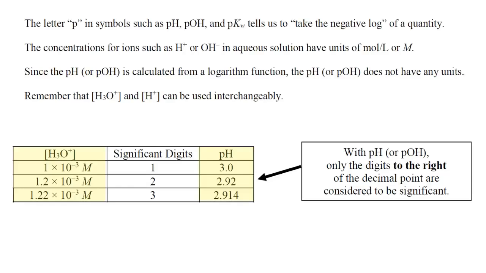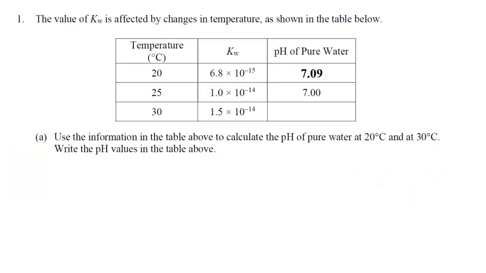So that means that even though it looks like 7.09 has 3 digits, in fact, only the 0 and the 9 to the right of the decimal are considered significant digits. So 7.09 actually has 2 significant digits.